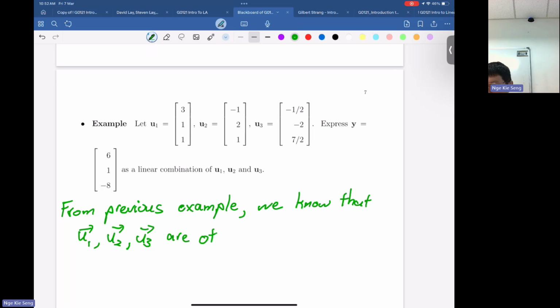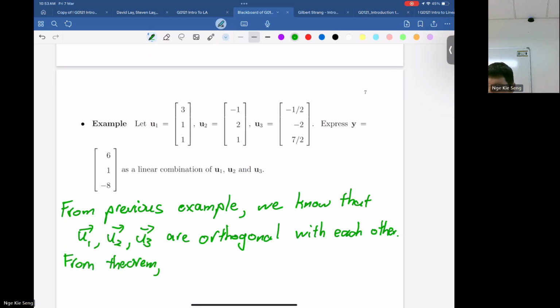And then the theorem tells us that they are linearly independent.